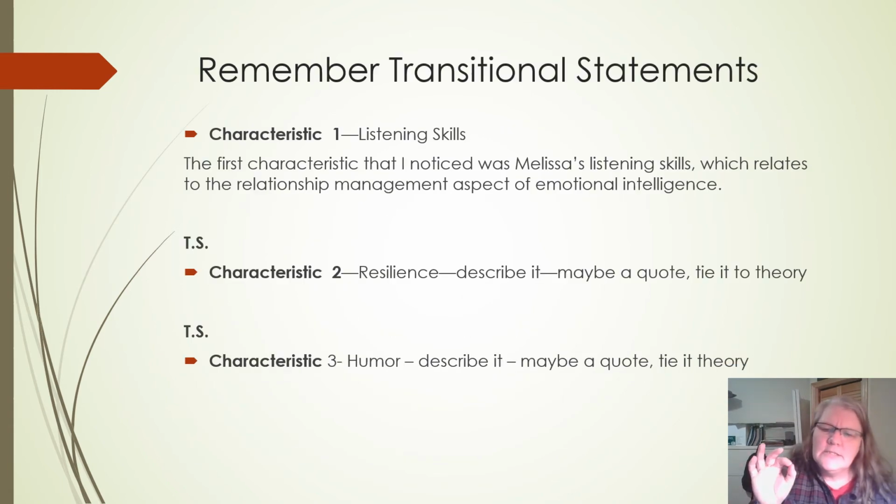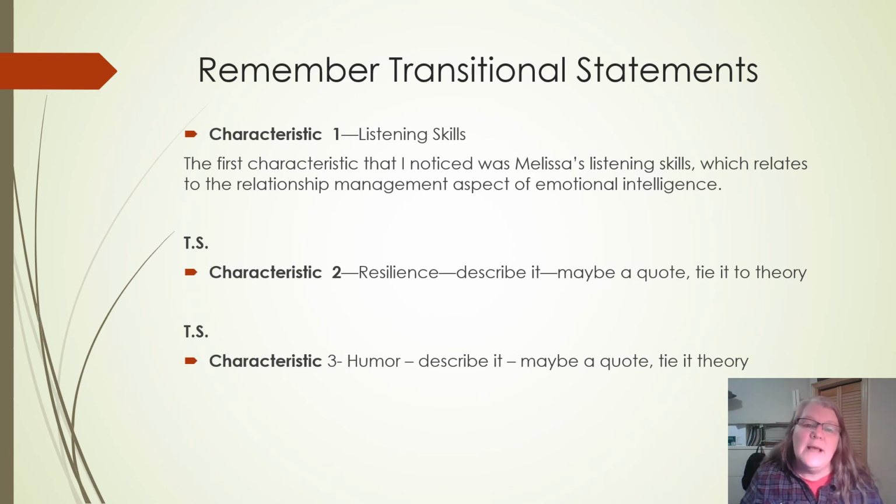Now, here's something that I have noticed over the years, that students often fail to remember the transitional sentences or statements that you use to help connect the 3 main points. So I'm going to start this out with the first characteristic that I noticed was Melissa's listening skills. But somehow I have to have a transitional statement that gets me to the resilience.